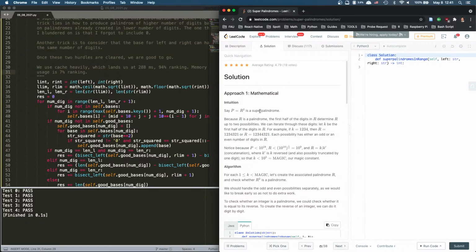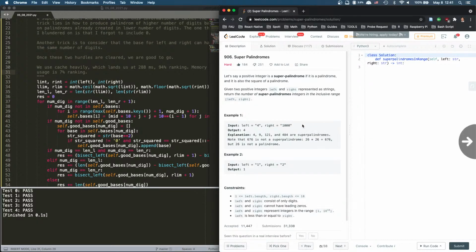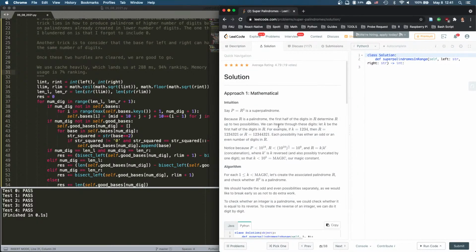Say P is a super palindrome because R is a palindrome. The first half of the digits in R determine R up to 2 possibilities. We can iterate through these digits. Let K be the first half of the digits of R, for example, that R equals this or R equals this. Okay.